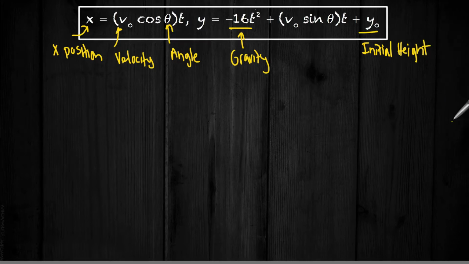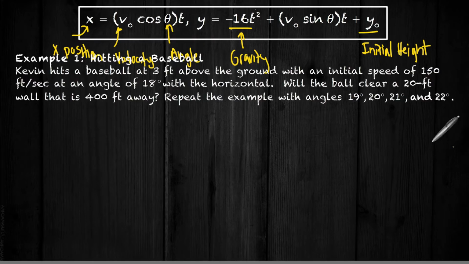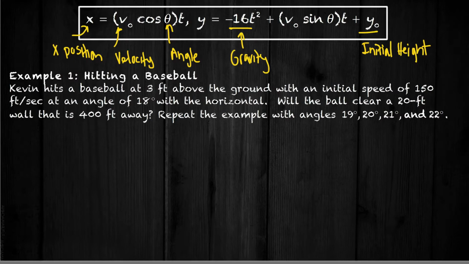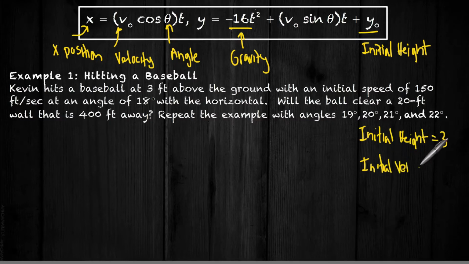And so we want to take a look at this first example here. It says Kevin hits a baseball at 3 feet above the ground, so our initial height is going to be 3. And it says initial speed, so that's our initial velocity, and that's going to be 150 feet per second.